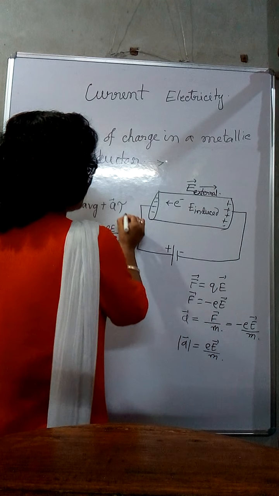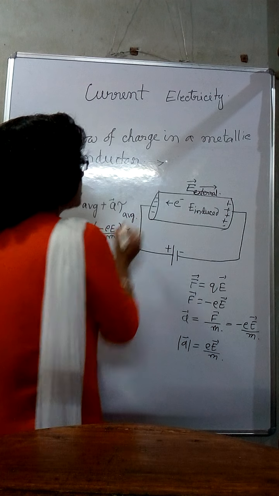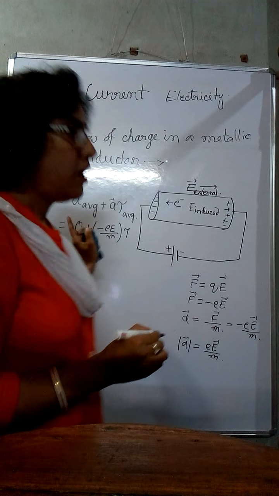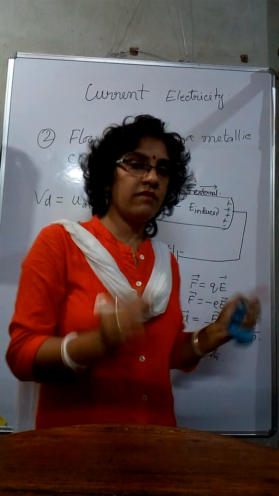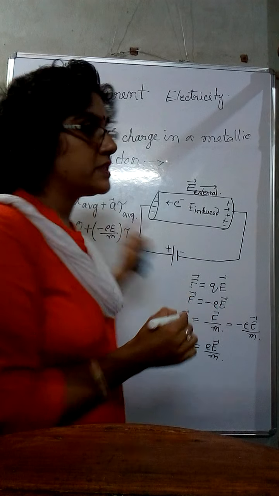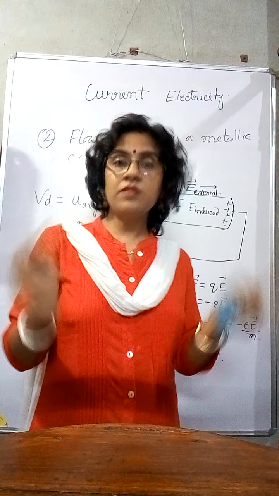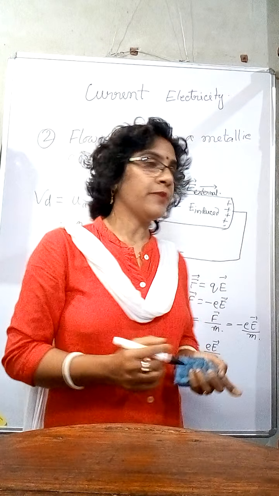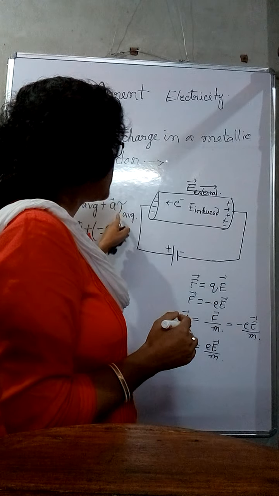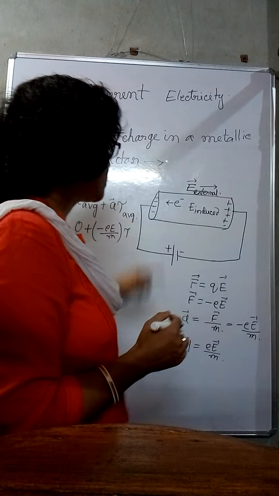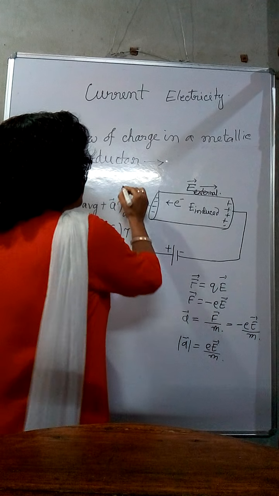Tau is also an average one, because in the drift velocity I have shown it there only for one electron. Actually, average drift velocity considers all the electrons. So in that case we have to consider all the electrons, then the relaxation time also we have to consider for all electrons.